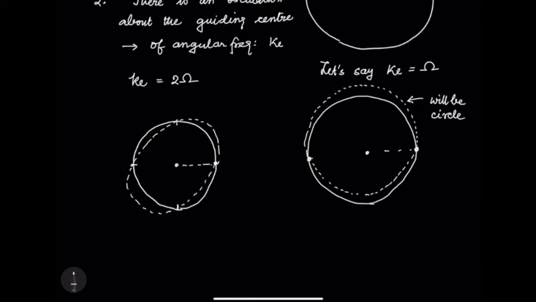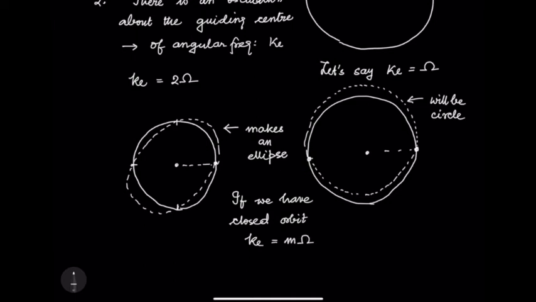So you can see visually this makes an ellipse, right? In general, if I need a closed orbit, kappa has to be some number times omega.